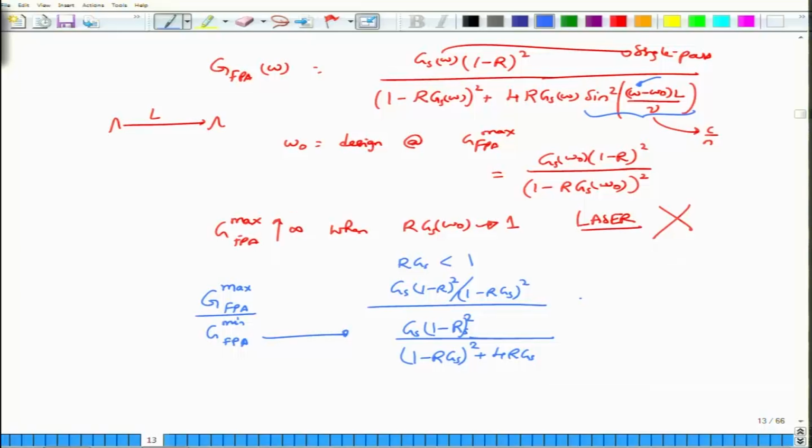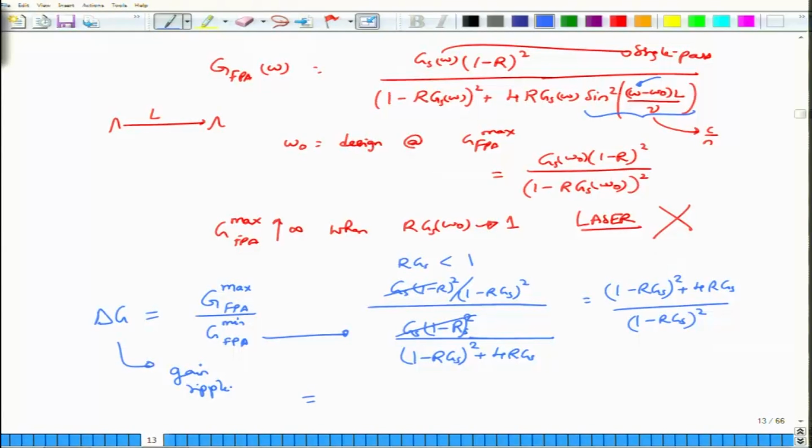You can cancel these two, and you get (1 minus R G_s) whole square plus 4 R G_s, divided by (1 minus R G_s) whole square. You can take the (1 minus R G_s) whole square as a common factor, and call this ratio delta G, which stands for the gain ripple.